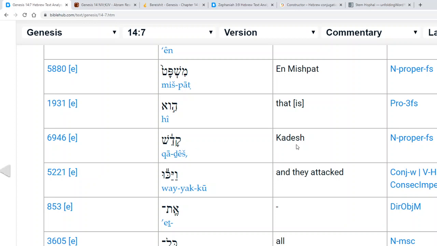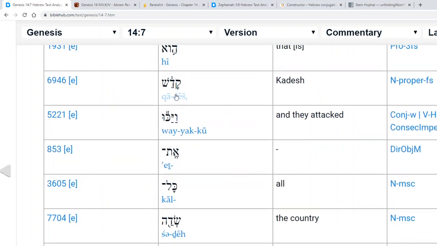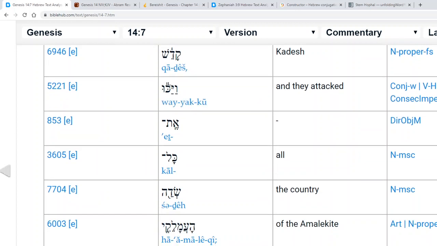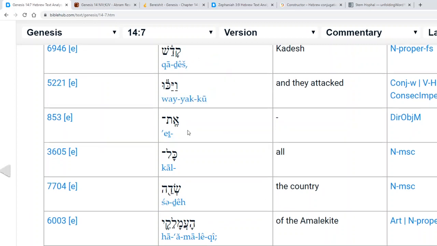Anyway, he Kadesh. That is Kadesh. Kadesh is a name that actually shows up a lot, but obviously the root there is Kof Daled Shin, which means holy, right? He Kadesh. Veyaku, we just had Yaku before, and they attacked, they smote. NIV for some reason thinks it's defeated.